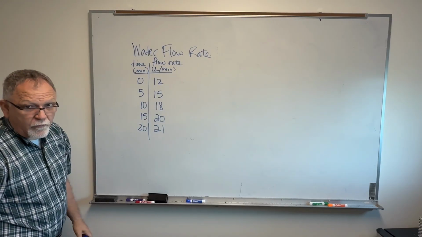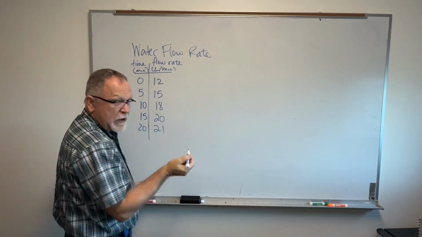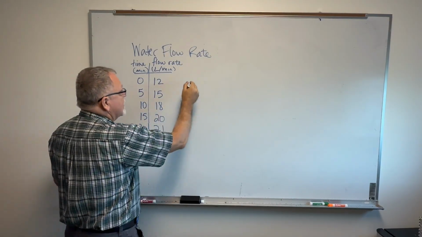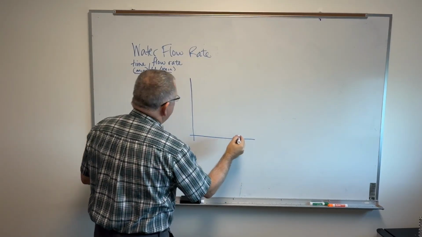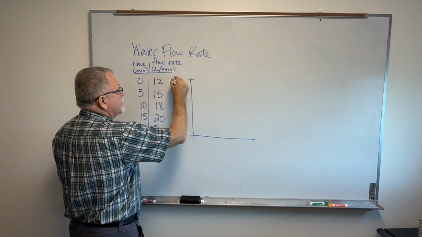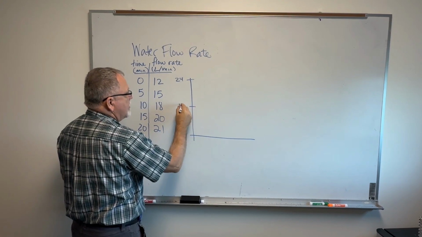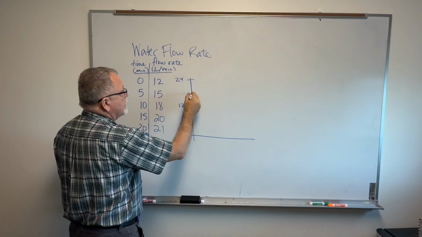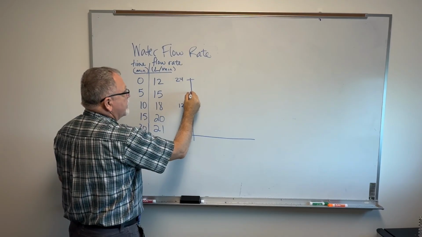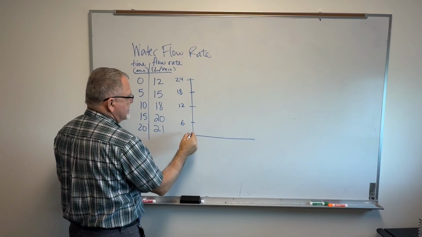Well, let me go ahead and draw a rough sketch just to give myself an idea of what's happening. Let me sketch these points to get an idea of what this might look like. I'm going to call this up here 24. If I cut that in half, that would give me 12. If I cut that in half again, that would give me 18 there. Cut that in half there, that would give me 6.